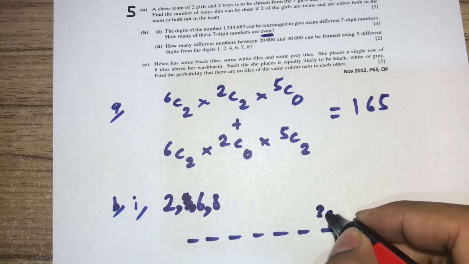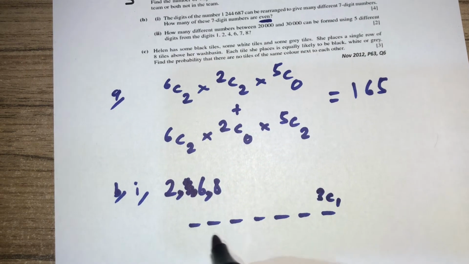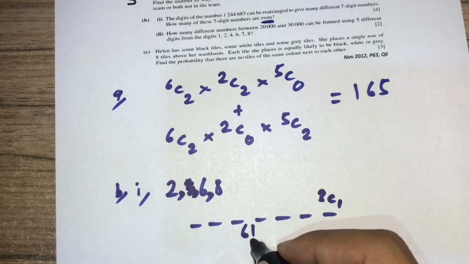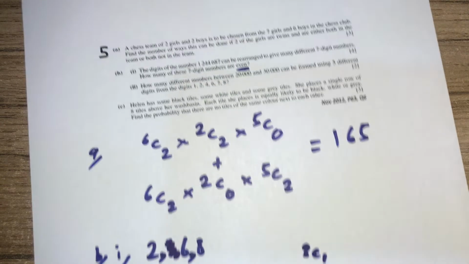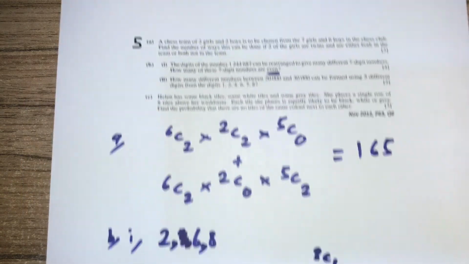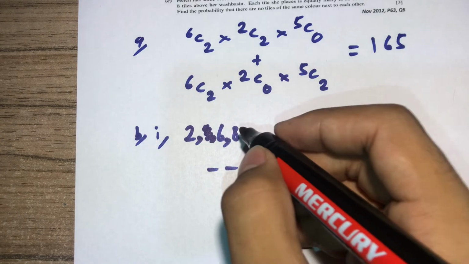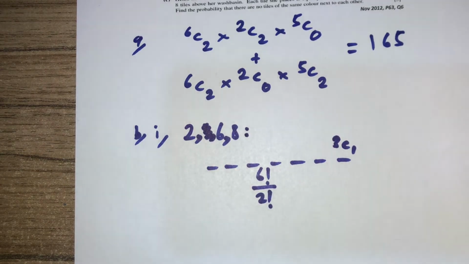So 3c1. For the rest of the 6 digits, we can arrange them using 6 factorial, but because there are two 4s, to avoid repetition, we'll divide it by 2 factorial. This was the first case where we take 2, 6, 8 as the last digit.